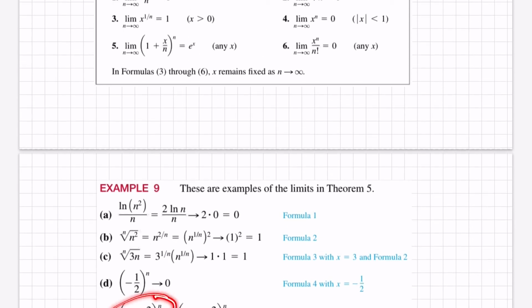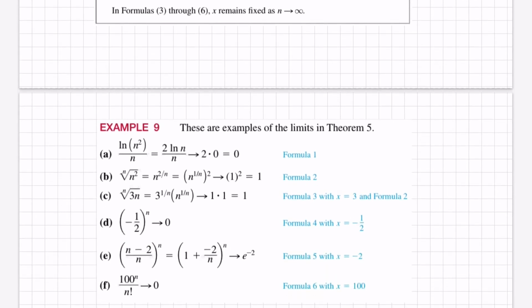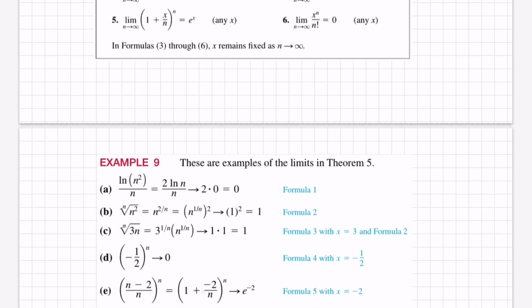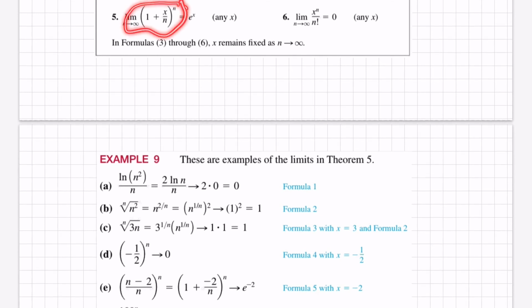And this looks more like this one. Split it like this, so it looks more alike. And then when you split it, n over n is 1, and then you get -2 over n right here. So you see, this thing is exactly this thing, but the x, oh, I'm sorry. Before I said a 10 here, no. If you have a 10 here, you would have a 10 here.